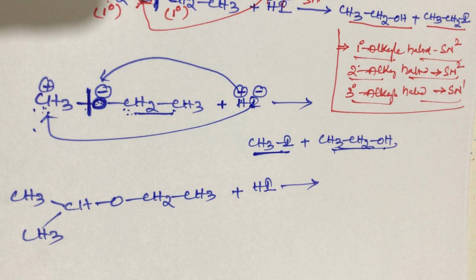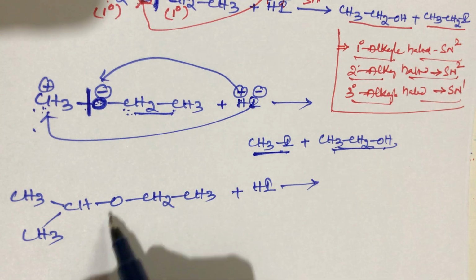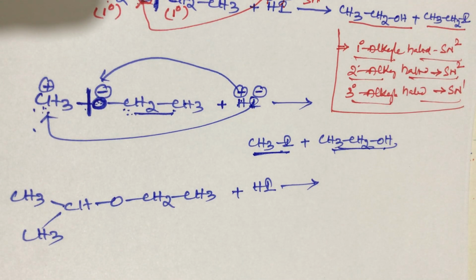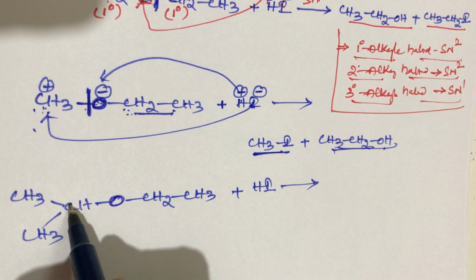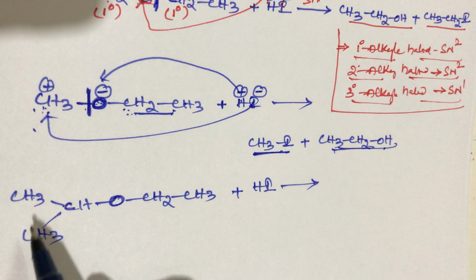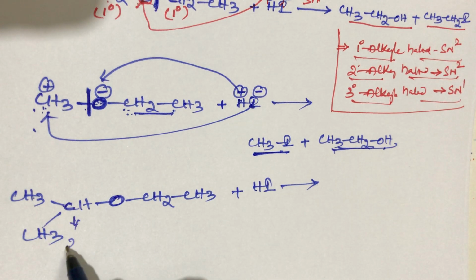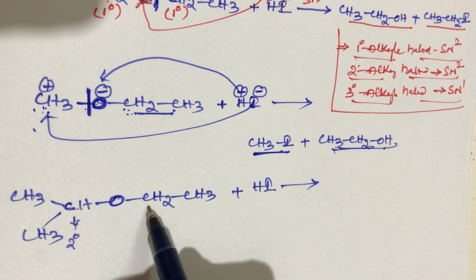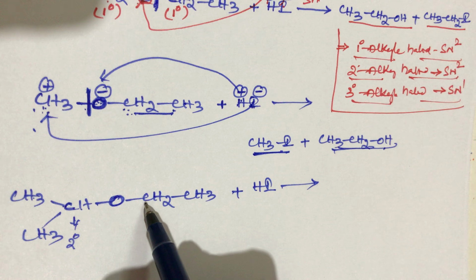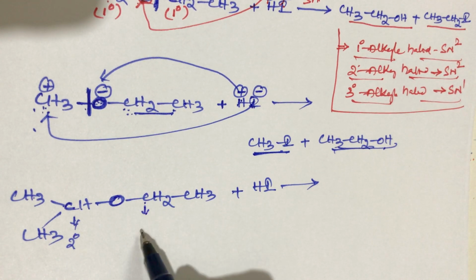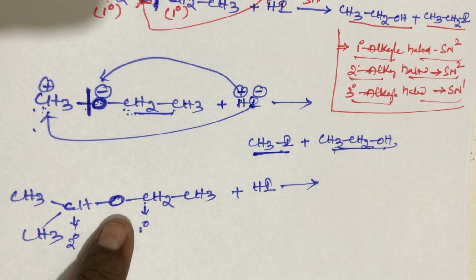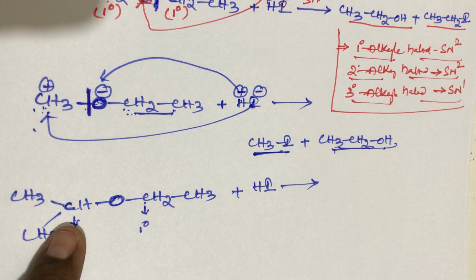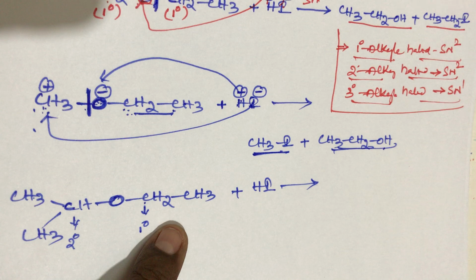What I said, student, is the simple trick. Here this oxygen has, on one side, 3 carbons, which is a secondary carbon, and on the other side, this oxygen is connected with a primary carbon. So this oxygen is attached to one secondary carbon and one primary carbon.